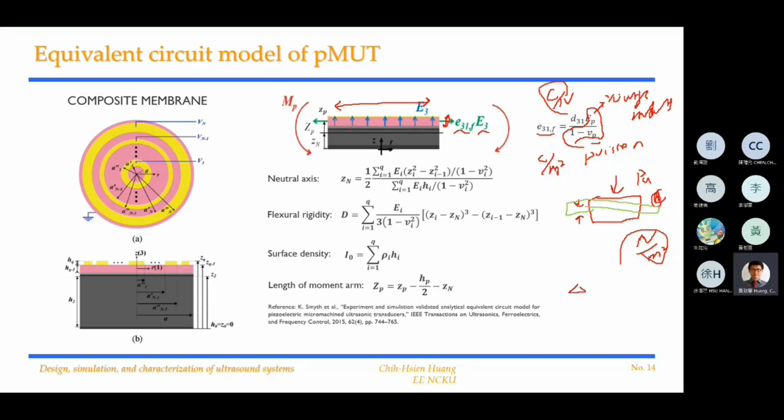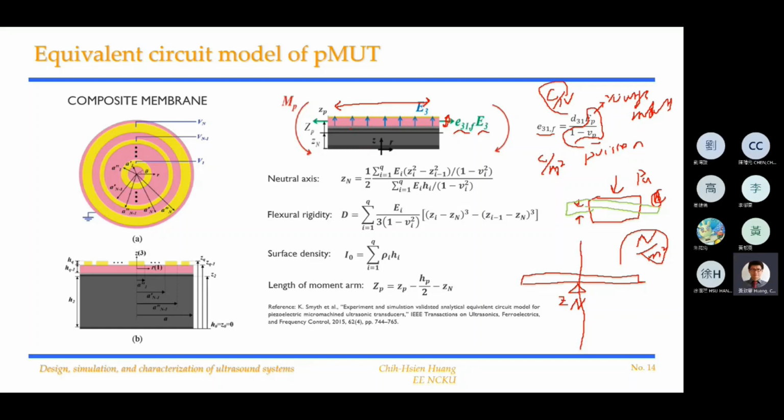So it's like the neutral axis will act like the balance point of your entire structure, right? So this will be your neutral axis, the location of the neutral axis is the middle point of everything that is moving. Okay, then the piezoelectric layer will generate force.